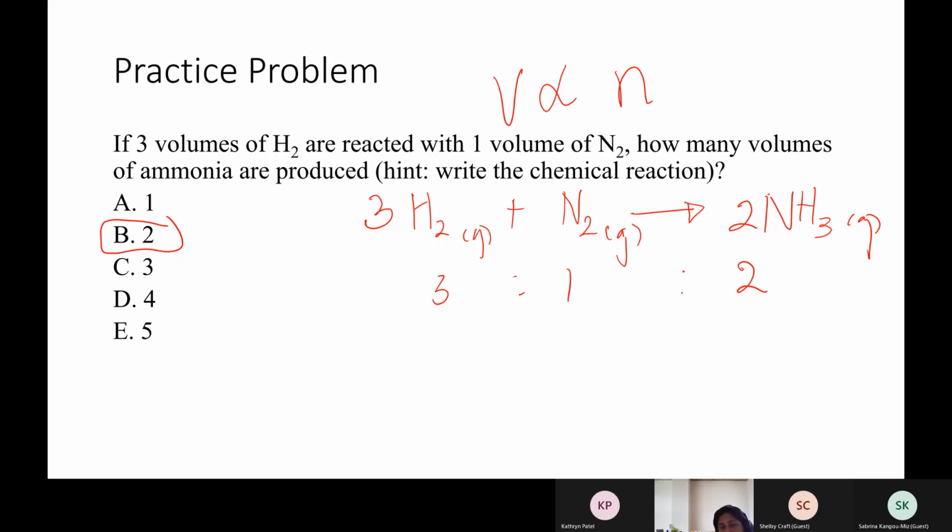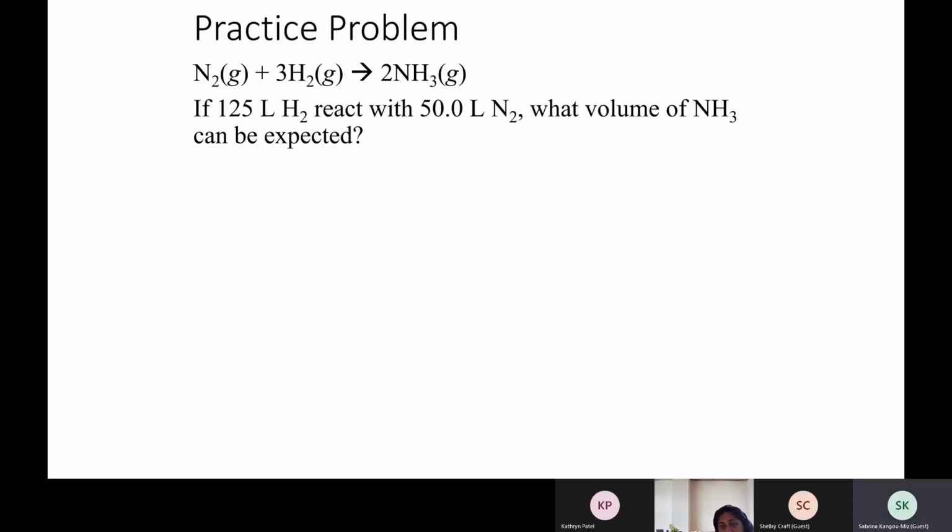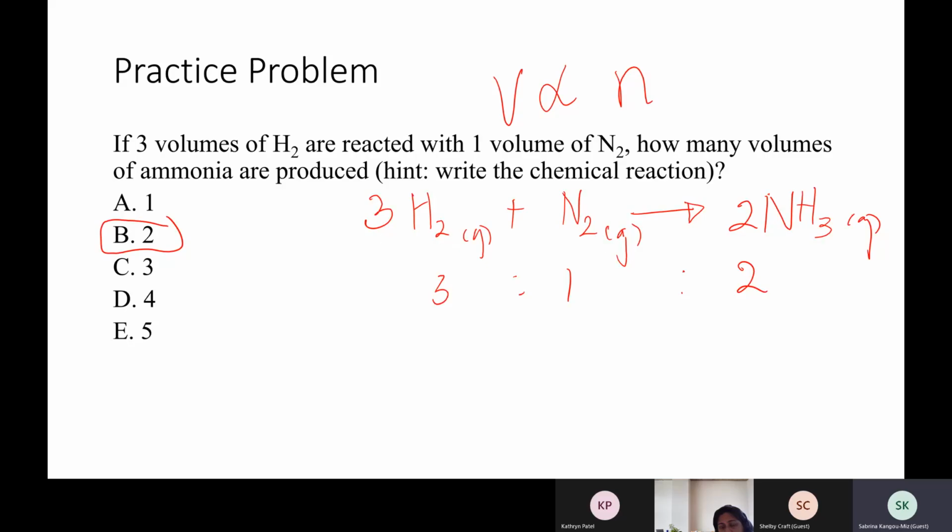Questions? So on a quiz for this problem, are you gonna have us also write down the equation? Yeah, you need to write down the equation. And for every equation, just make sure you balance it. Otherwise, if we don't balance this equation, there is no way that I would find the coefficient for ammonia.